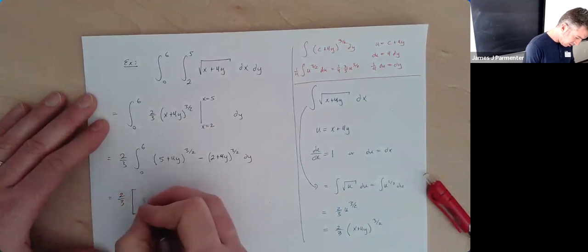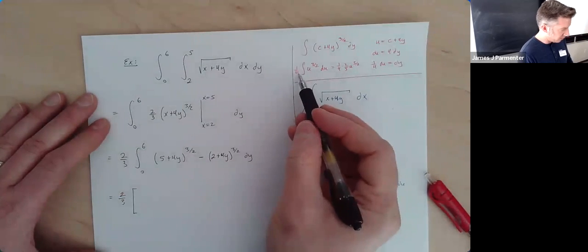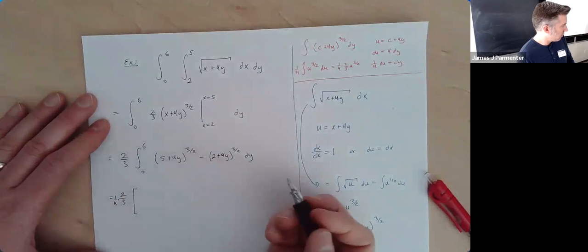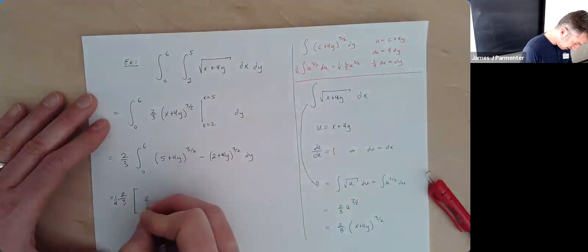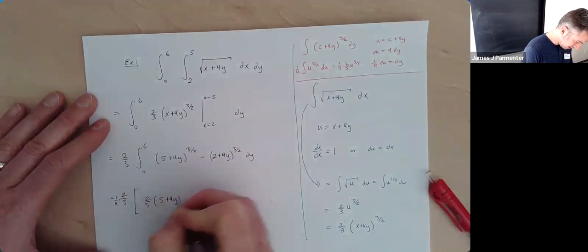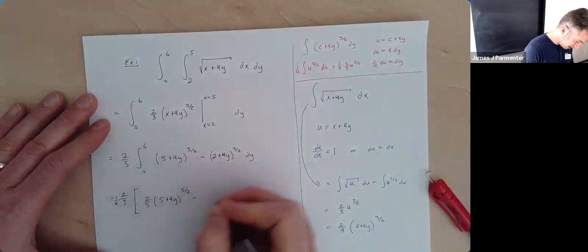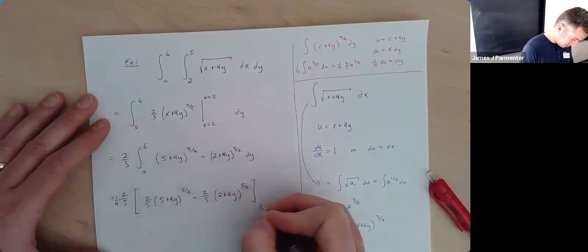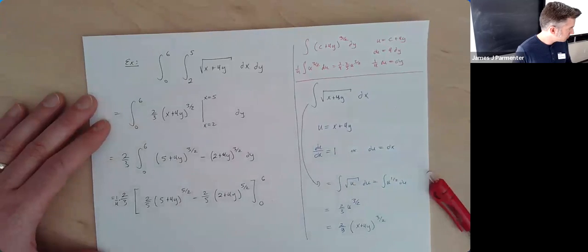Let's factor out the 1/4 as well, because they're both going to get a 1/4. I'm going to get 2/5 times (5 + 4y)^(5/2) minus 2/5 times (2 + 4y)^(5/2) from 0 to 6.